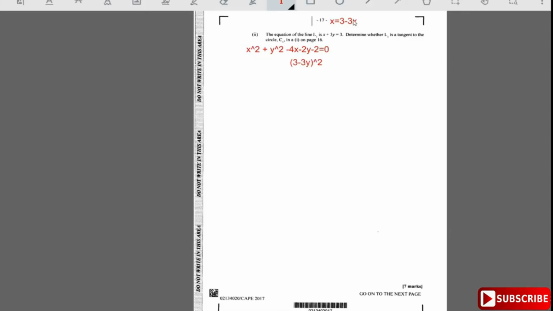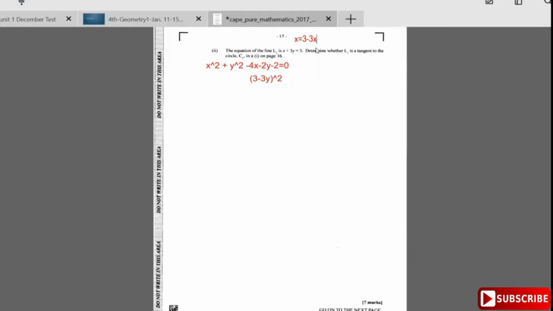This up here was typed wrong. I want to fix this. That should be 3 minus 3y, all squared.